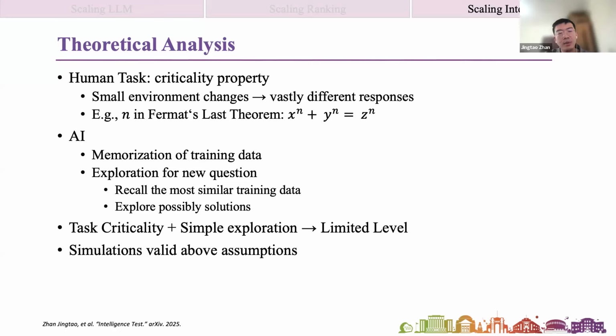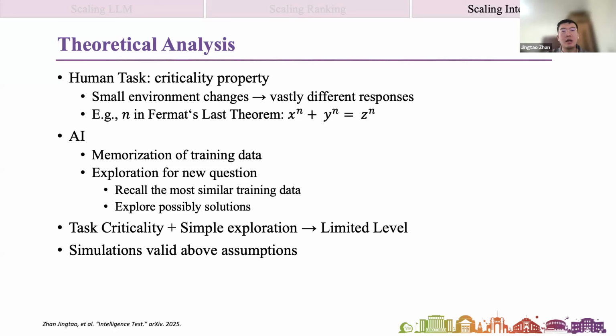And for AI, we believe that it currently does not actually understand the mechanism of human tasks. It actually uses some superficial imitation to try to solve these tasks. We believe it tries to memorize some training data and tries to explore for new questions.